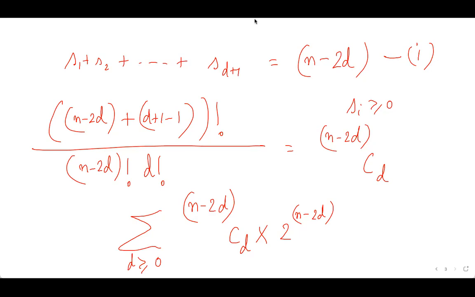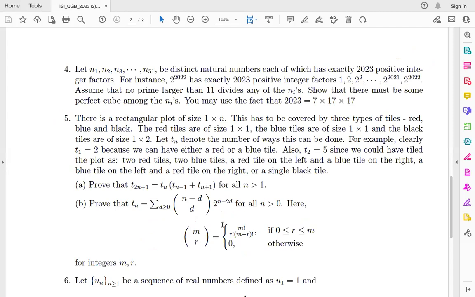And according to the definition given of m choose r, if r becomes larger than m, the result becomes 0. So that's the thing, and we have proved part B as well.